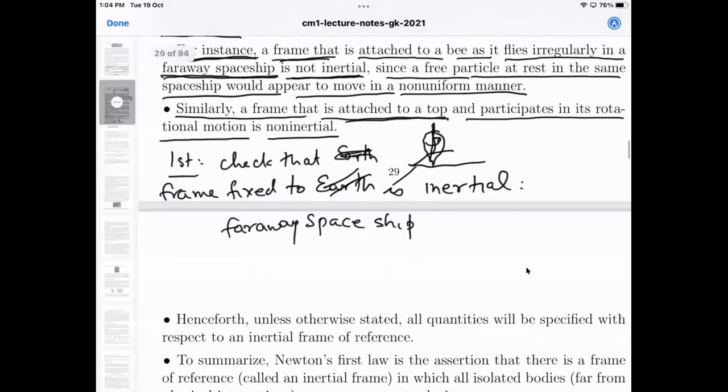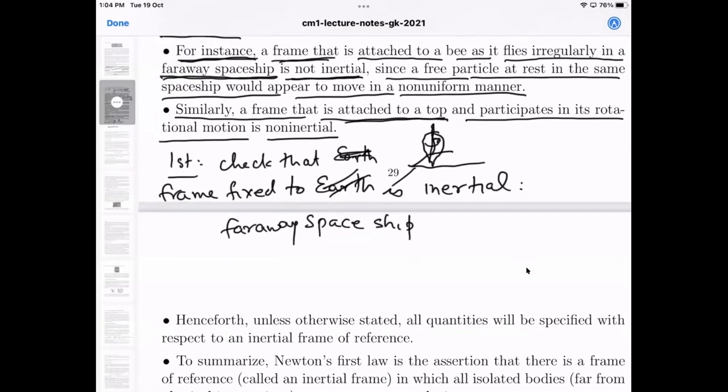So I think what Shakti was trying to consider was a free particle that was on the axis of rotation on the top. Because it's a point particle, even if the top was spinning and the frame was spinning, the particle would look to be at rest. Very good. Excellent point.